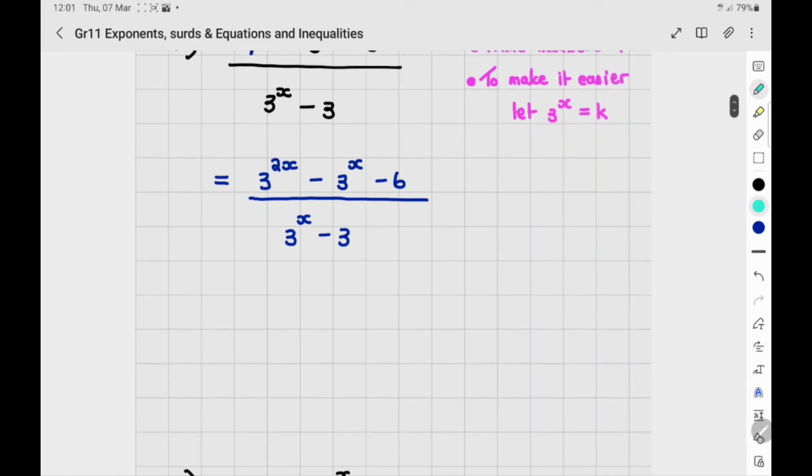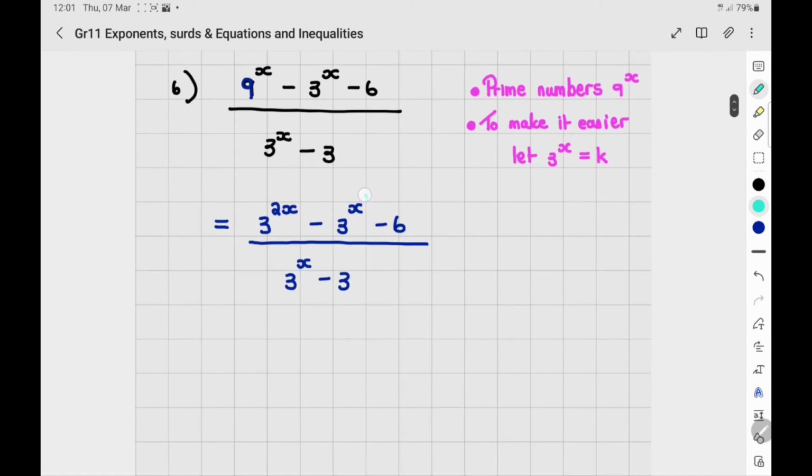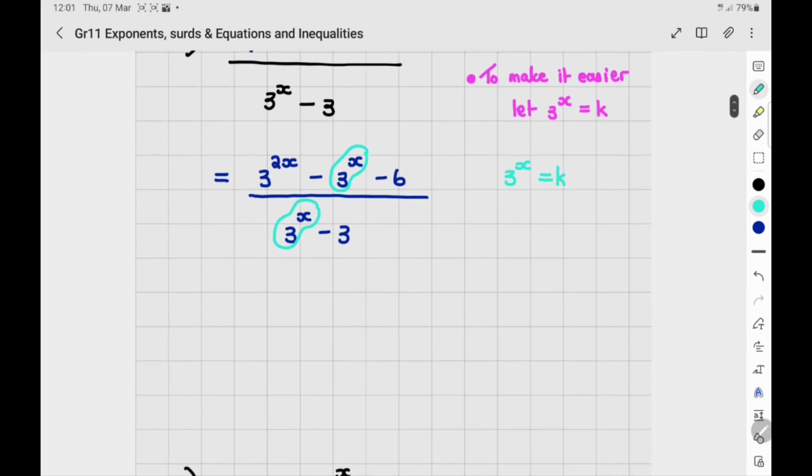But if you want to make it easier, you take the middle term, always the one in the middle with your trinomial, and you represent it as k. All right, so over here, if you represent this as k, your first term will have a k squared. So k squared minus k minus 6 over k minus 3.